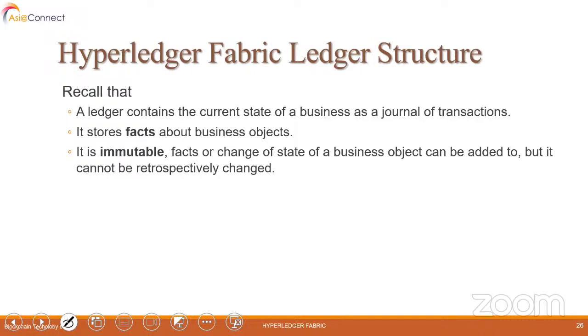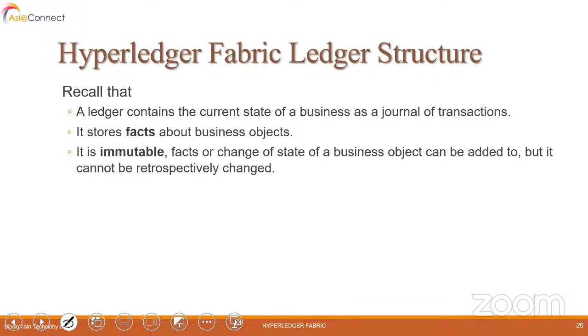It stores facts about business objects. Here the business objects are library books, right? So those are the facts. What is the date of arrival? What is the current state, and all those things? And it is immutable. What is important here is that it is immutable.